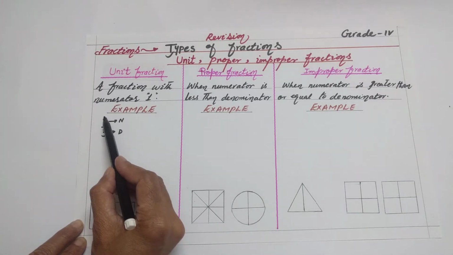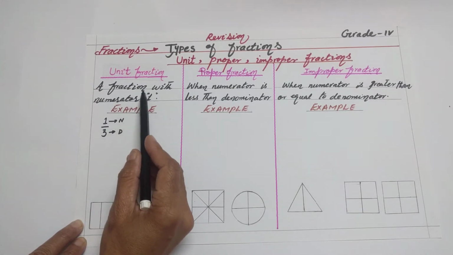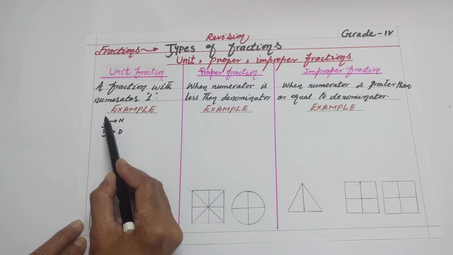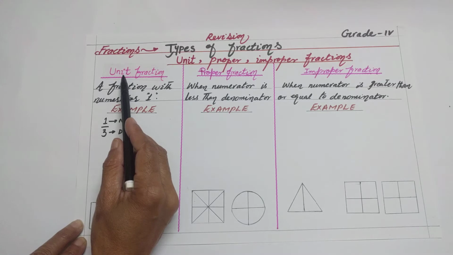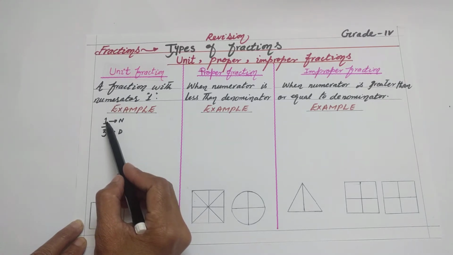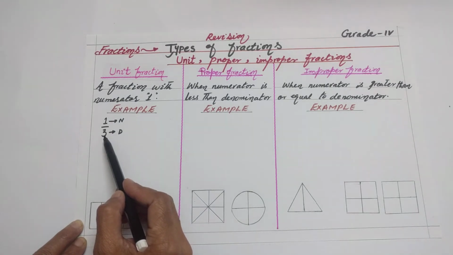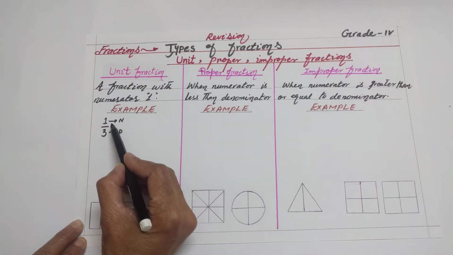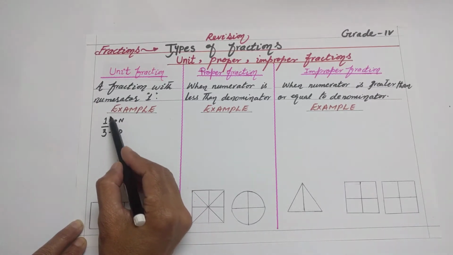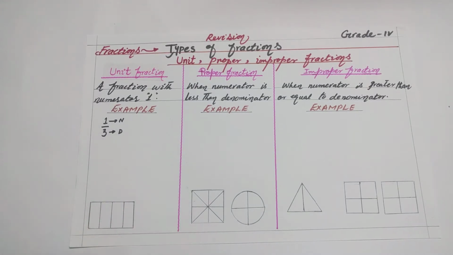So if the numerator of the fraction is 1, then that fraction is called unit fraction. Means we are using just one part out of 3 equal parts. So this is called unit fraction. Why? Because the numerator of the fraction is 1.